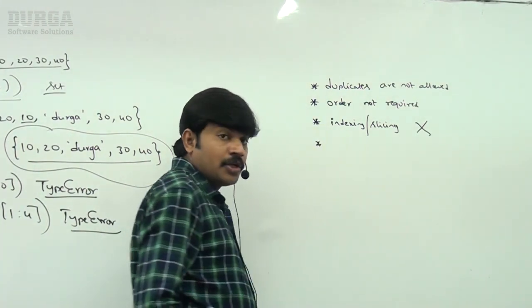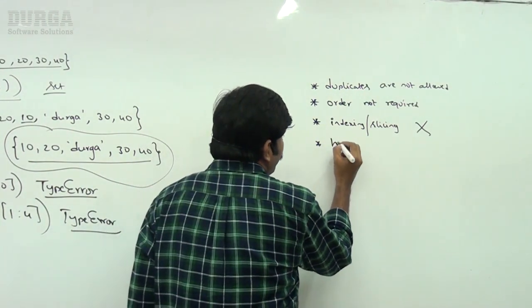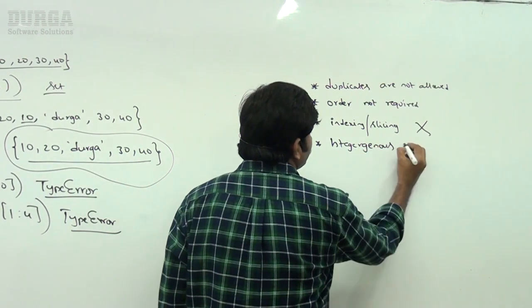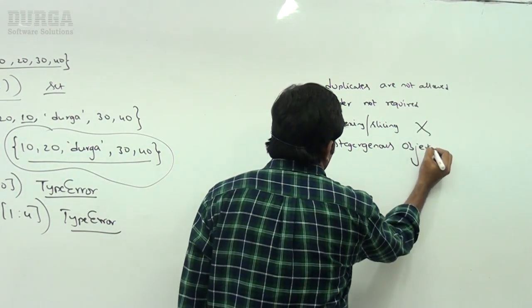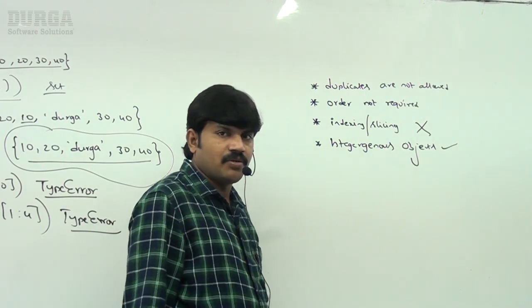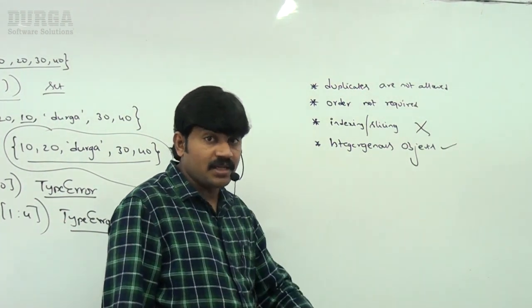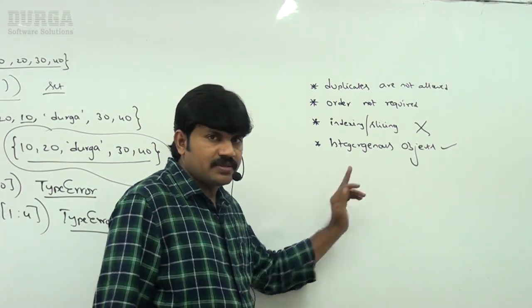Next, heterogeneous objects are allowed, no problem at all. They are allowed everywhere: in list, tuple, set, frozenset, and dict.